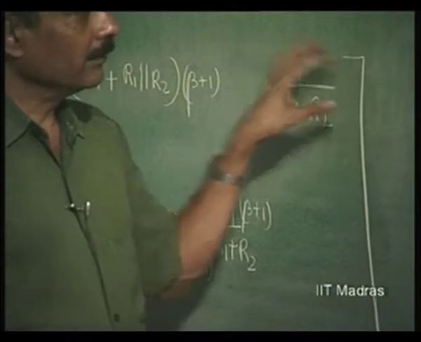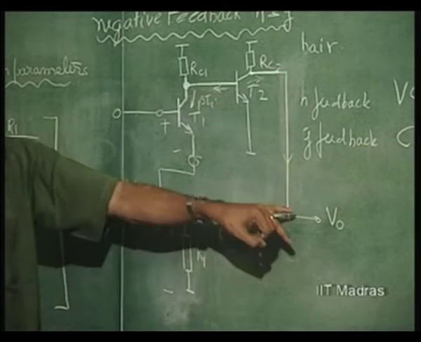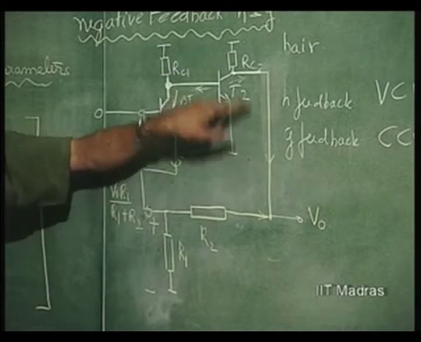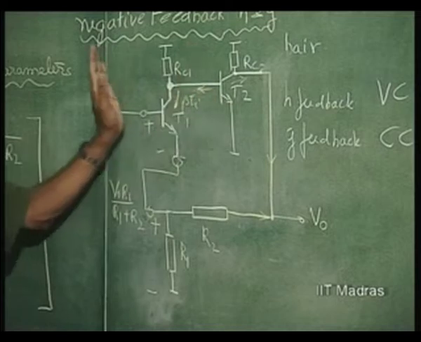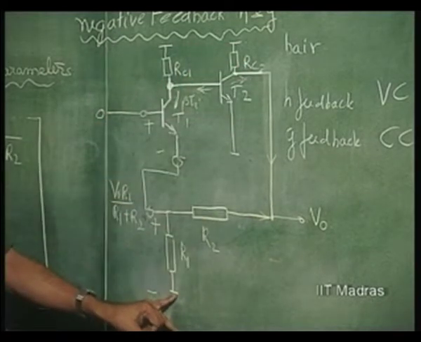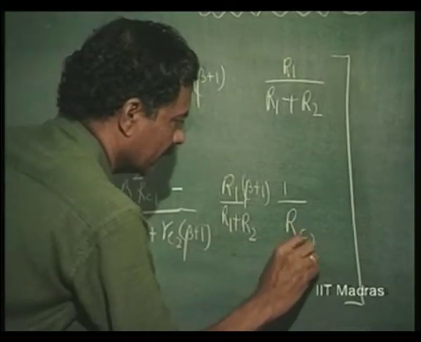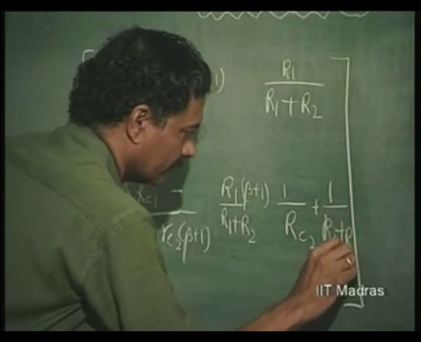Then the output impedance is V naught by I naught here. There is RC2 shunting this, nothing is happening, this is 0, this is 0. So these things are ineffective. So RC2 is shunting R1 plus R2. So 1 over RC2 plus 1 over R1 plus R2.